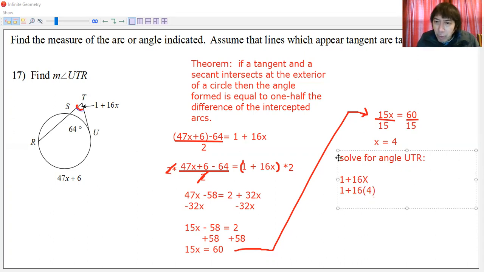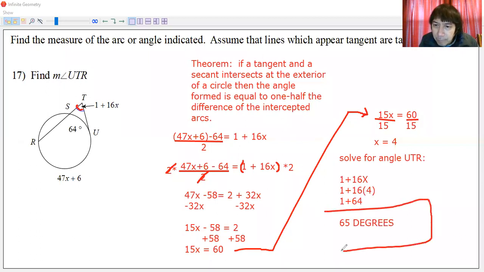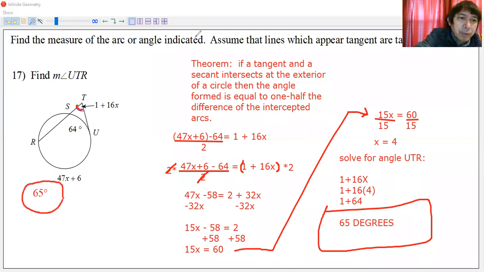So we have 1 plus 64, which is 65. So our answer is 65 degrees. That's our answer, all right? 65 degrees. Check and verify. We shall see the answer. There, 65 degrees, right? As displayed by the computer. All right, there. Let's proceed to number 18.